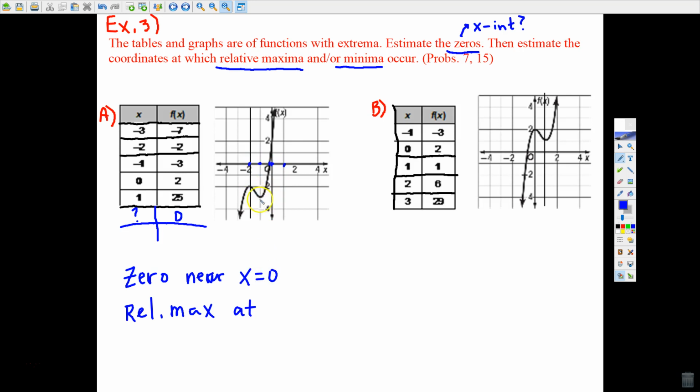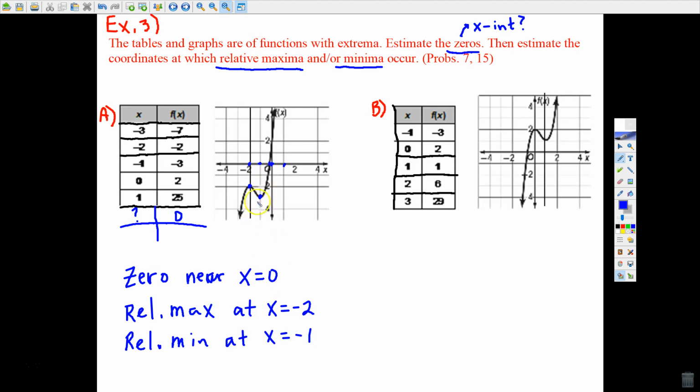So we have a relative maximum right here. That point is higher than this one. You see that? So I have a relative maximum at x equals -2. All right, and I have a relative minimum at x equals -1.